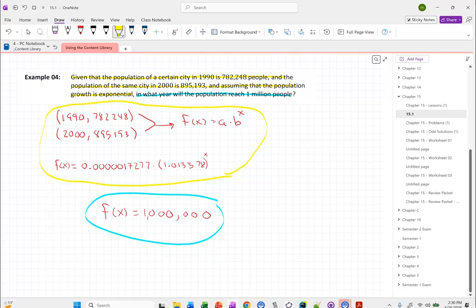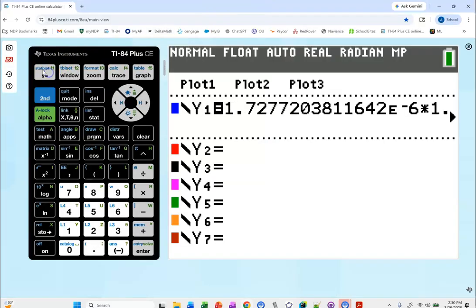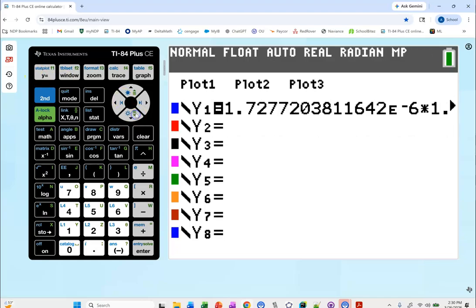What part 1 and part 2 is asking for or getting us to do? So to solve f of x equals 1 million, I'm going to do that by graphing. So I want to find the place on the graph where this function intersects the line y equals 1 million. Is everybody okay with that?